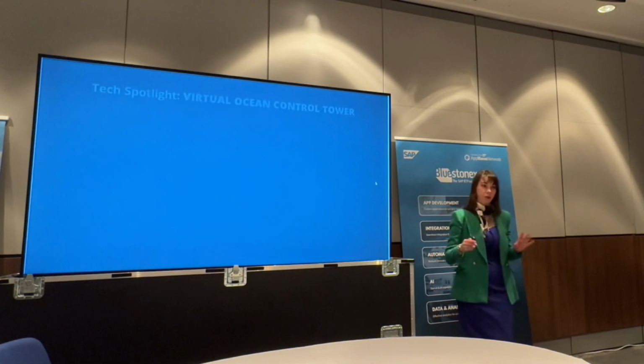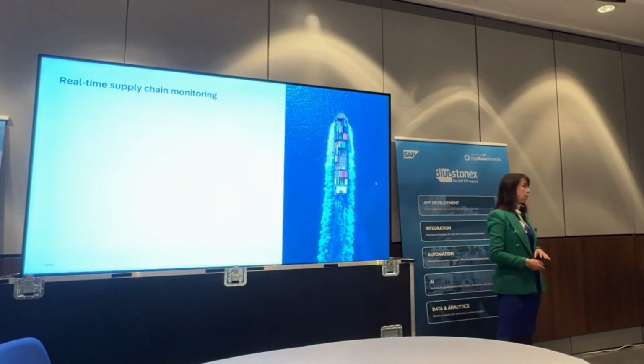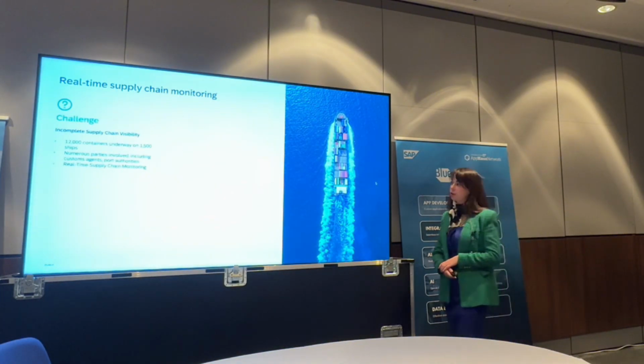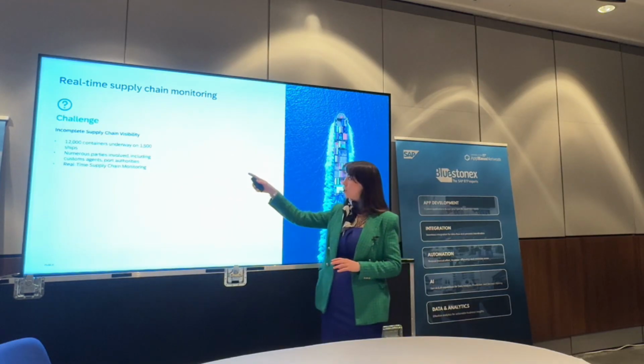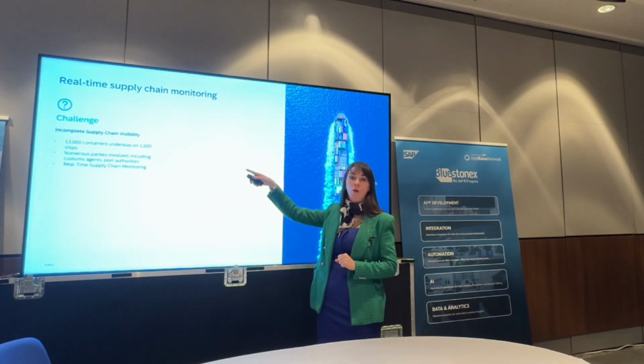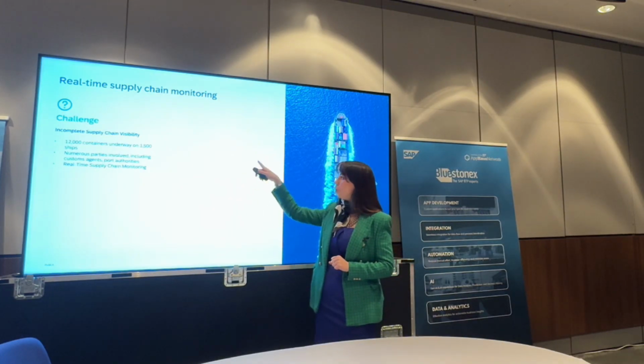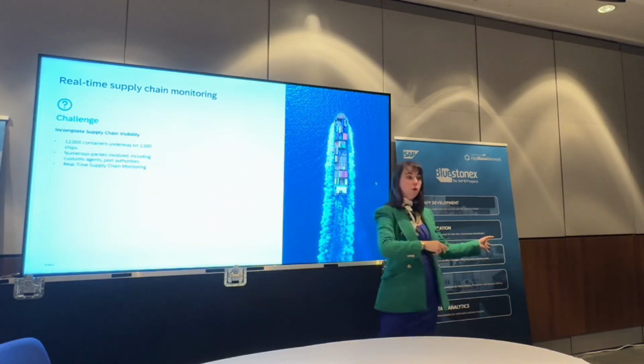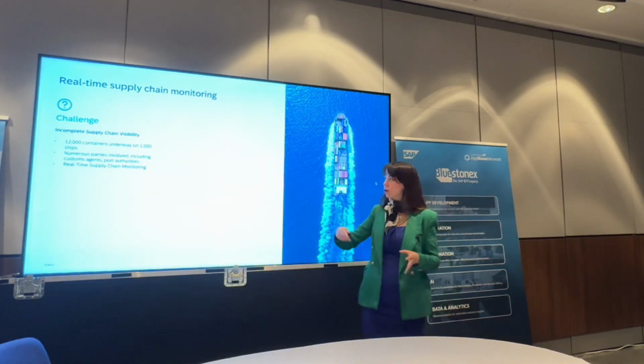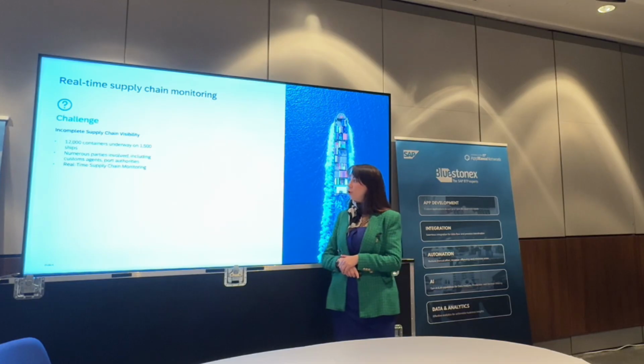Okay, so just a quick video that gives you an impression. Maybe here a couple more pieces of information around it. For example, the challenge again was that they had over 12,000 containers underway on over 1,500 ships. Numerous particles needed to get moved between the different areas, and real-time supply chain monitoring was what they wanted to go for.